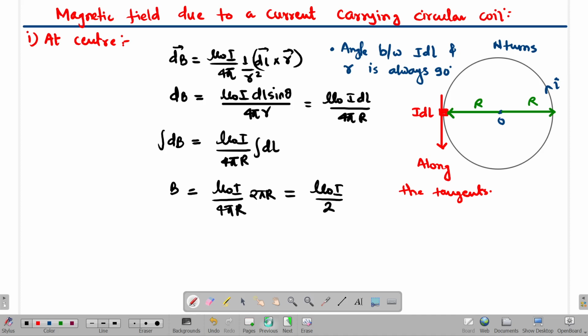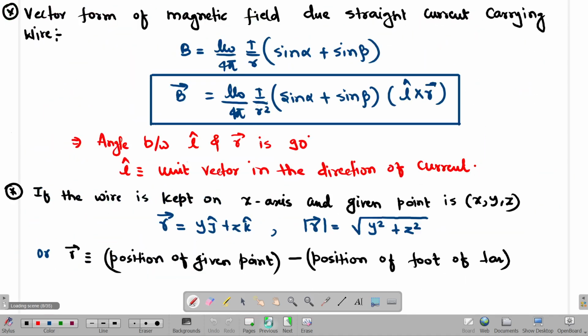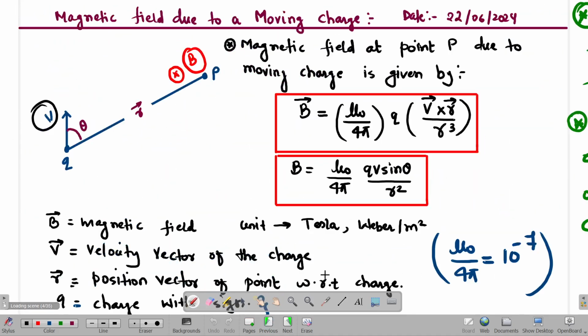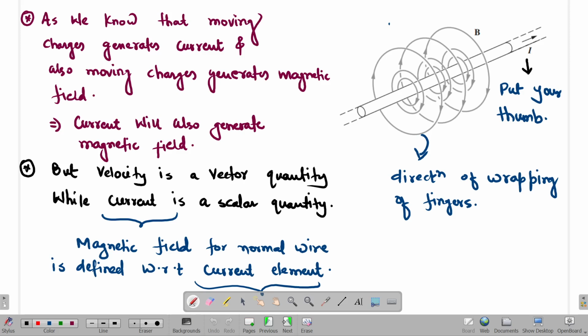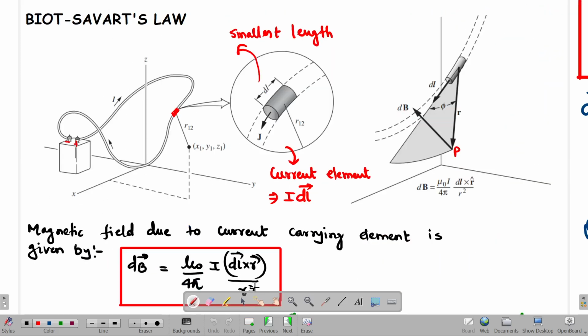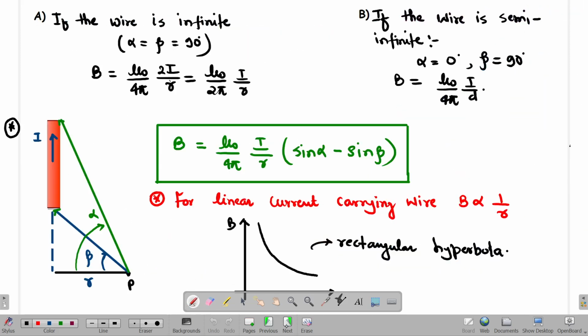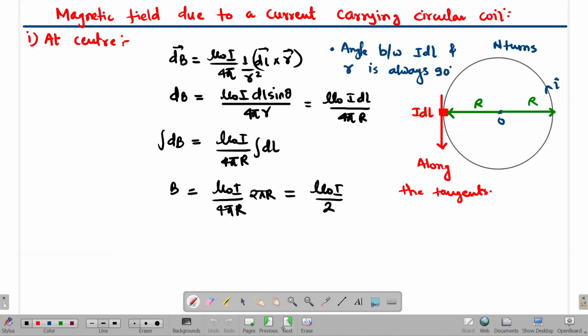Let me check Biot-Savart's law. I think it will be r square always. Oh, it is, sorry. Yes, it is r square always. This was r cube, that's why I was thinking, where is my another r? Here it is r square. So mu naught I by 2r. That's my formula of magnetic field at the center.